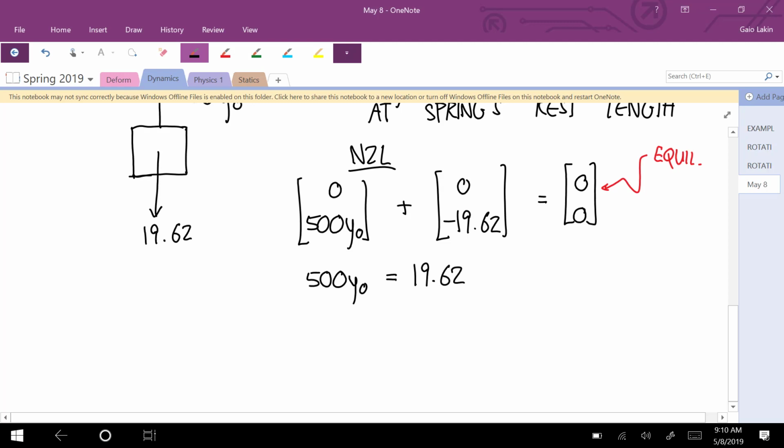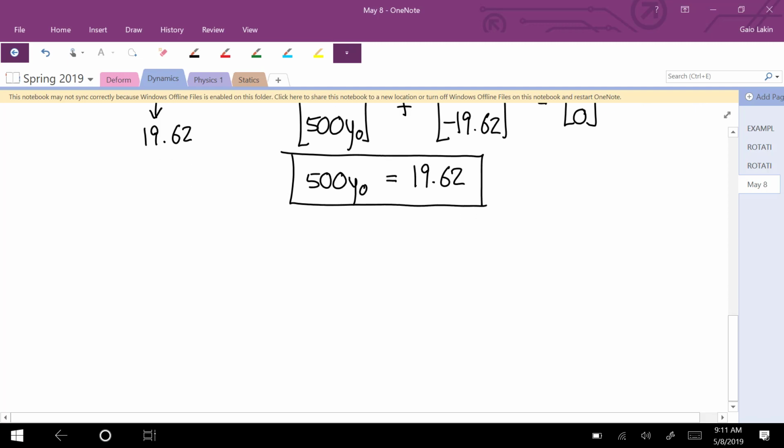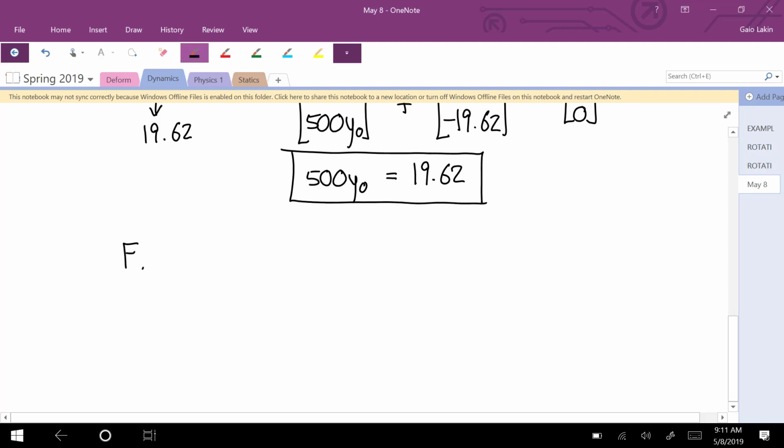We could use that to calculate y0, but I'm just going to set that aside for now. And now we're going to consider the general case. So, free body diagram for a general location y of the mass.